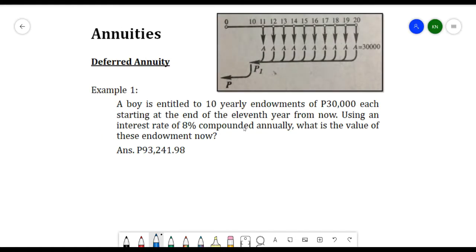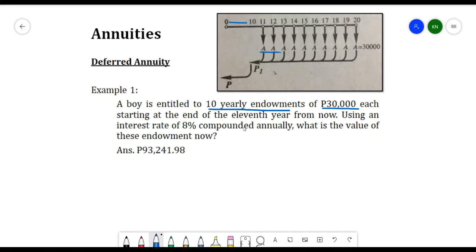First we have an example. A boy is entitled to 10 yearly endowments of 30,000 pesos each, starting at the end of the 11th year. From 0 to 10 years there are no payments made, and from the 11th to the 20th year there are 30,000 peso payments made.